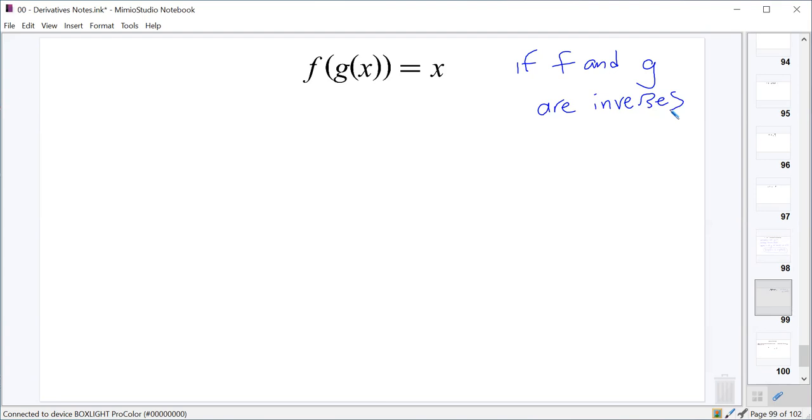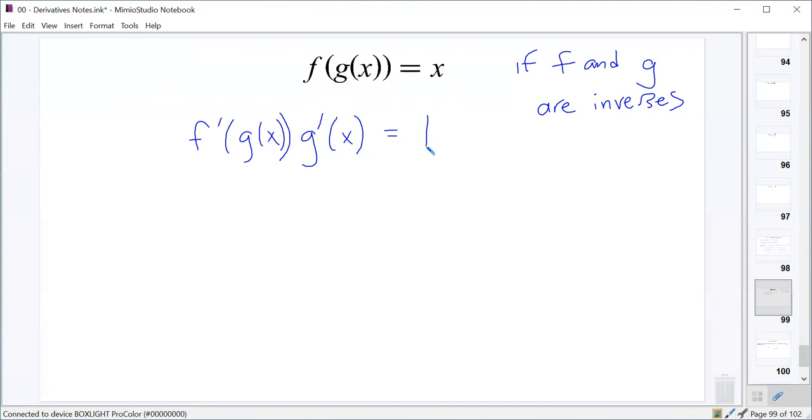We could then take the derivative with respect to x on both sides of this equation and still be left with a true statement. We know how to take the derivative of f of g of x from the chain rule: it's f prime of g of x times g prime of x. And we know that the derivative of x is just 1.